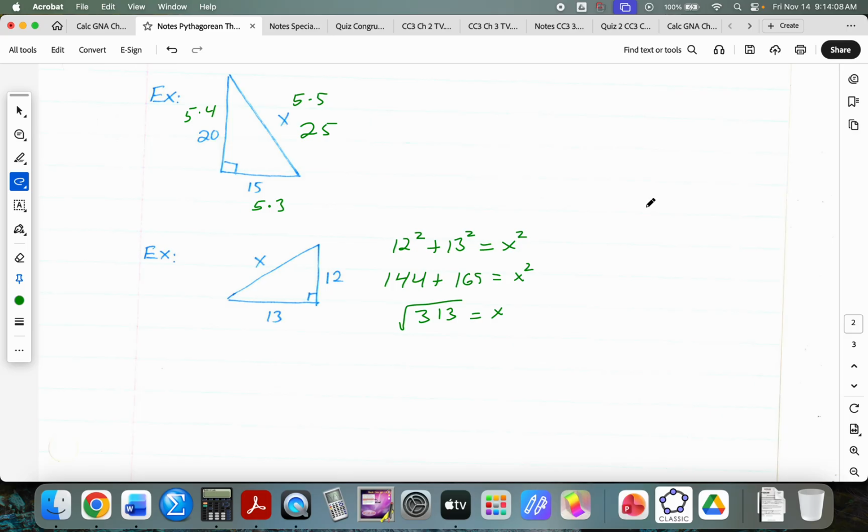I think it can be divided by something. 17? Could be. I don't think it is, but let's check. Let's see. That's only going to go in once.